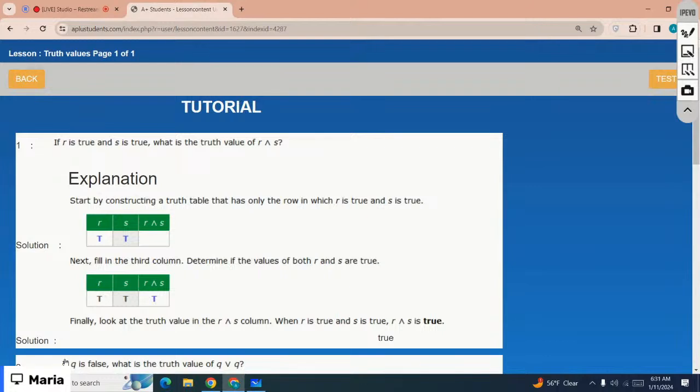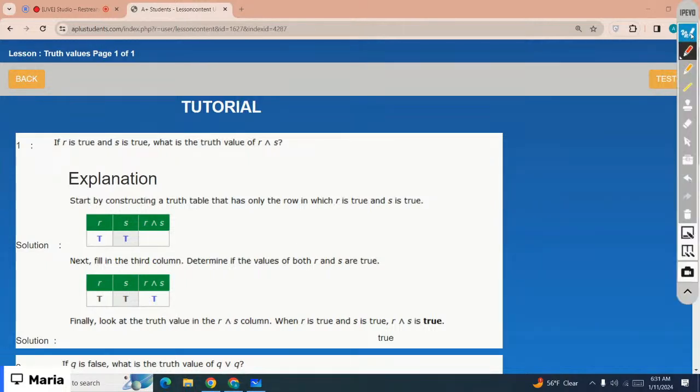If R is true and S is true, what is the truth value of R and S? That is related to the truth tables, right? This is and, right? And means both of them have to be true.